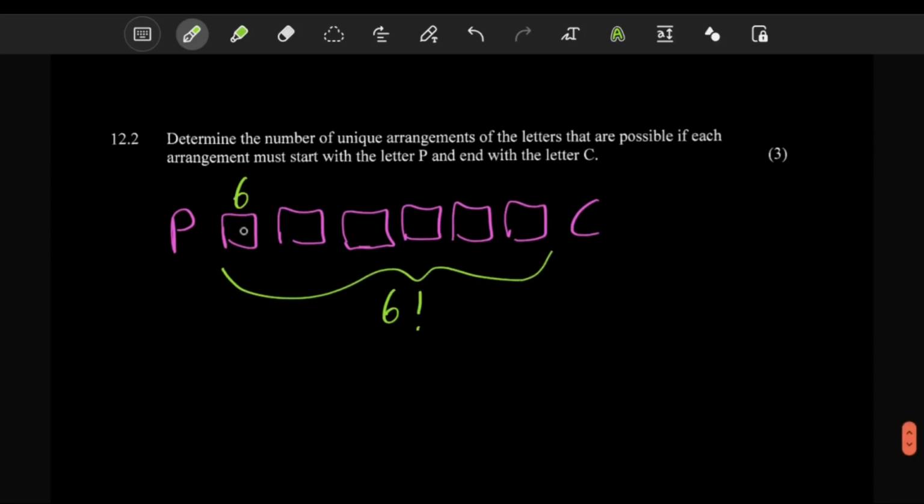The moment you put one there, you have 5 options, then 4, then 3, 2, and 1 option left. So your answer is just 6 factorial, because one is stuck at the start and one at the end, which is just 720.